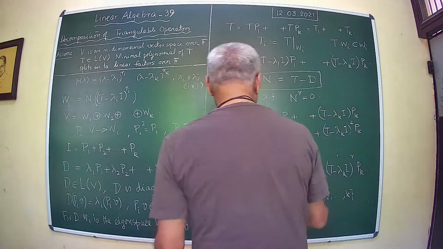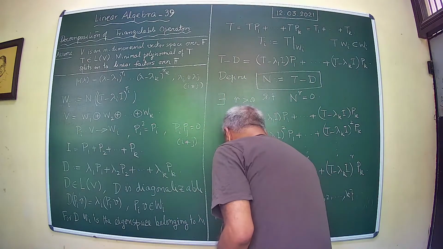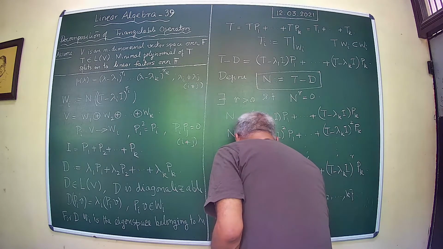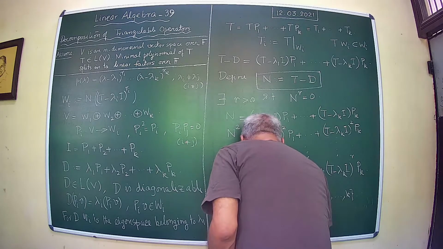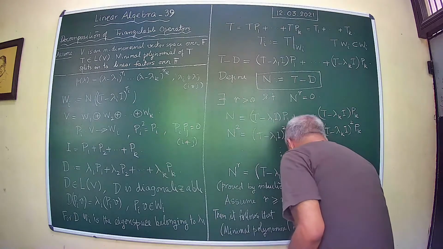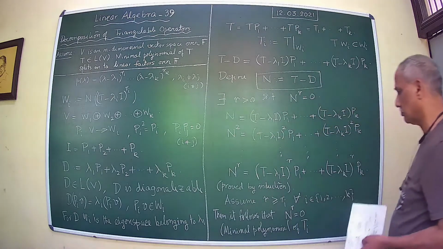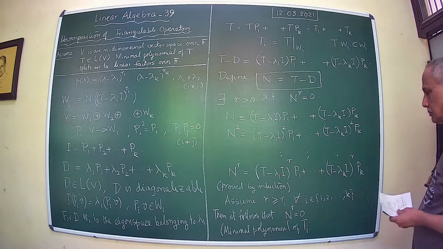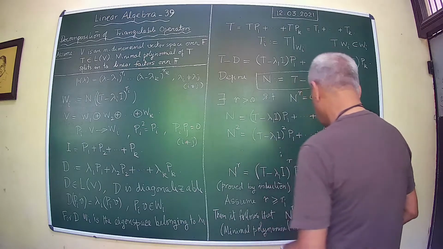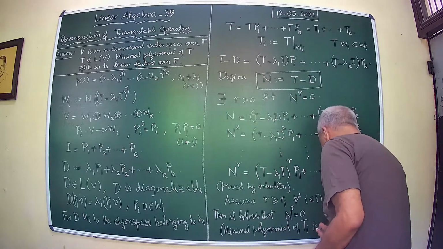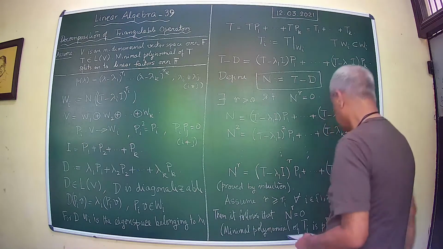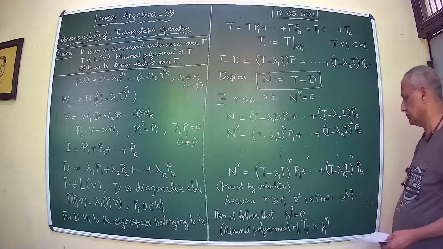Because you see that the minimum polynomial of Ti is (t minus lambda i) to the power ri, so you make use of that.